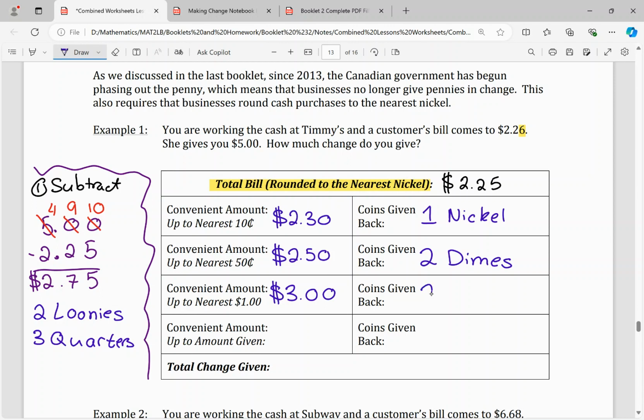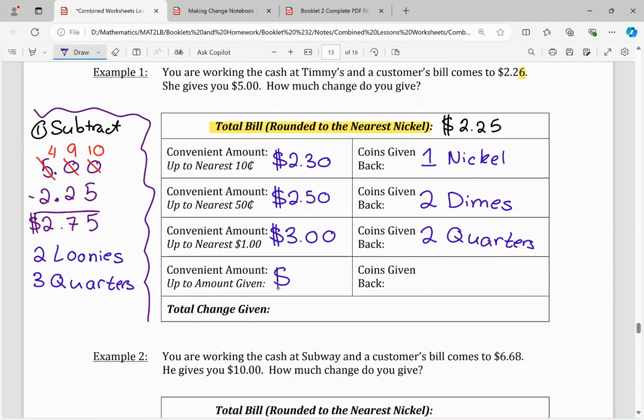That is 50 cents, 2 quarters. Finally, from $3, I need to get to the final amount that the customer provided, which was $5. I can get from $3 to $5 with a toonie.